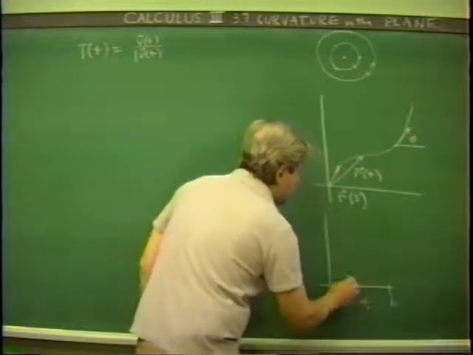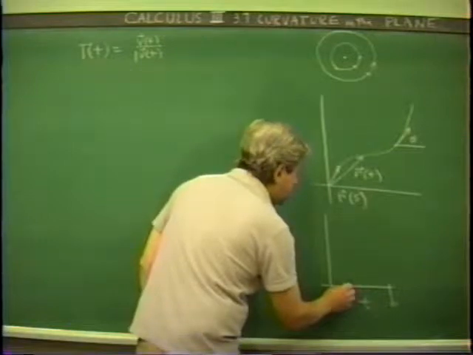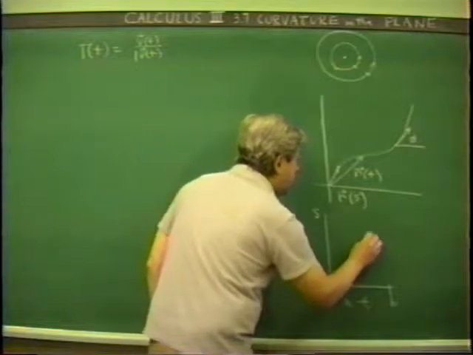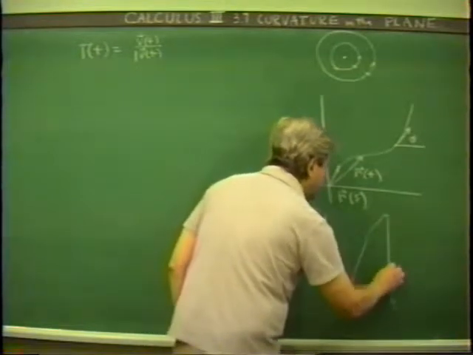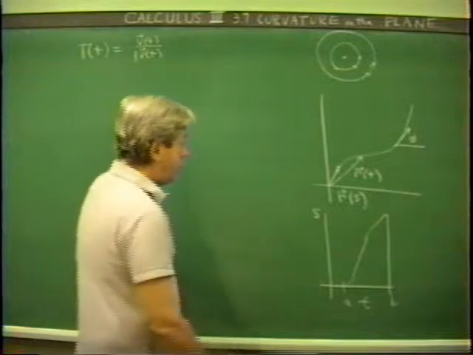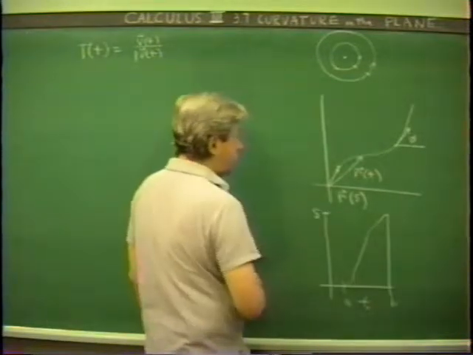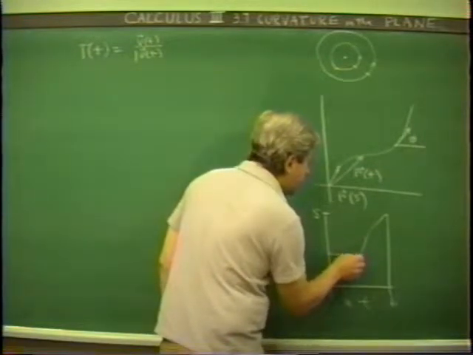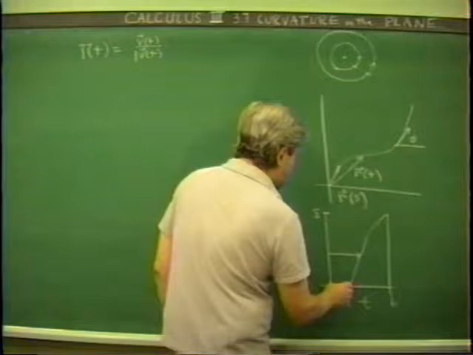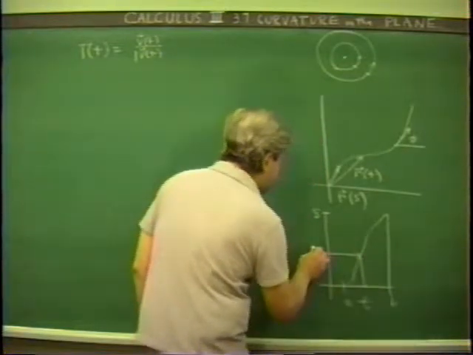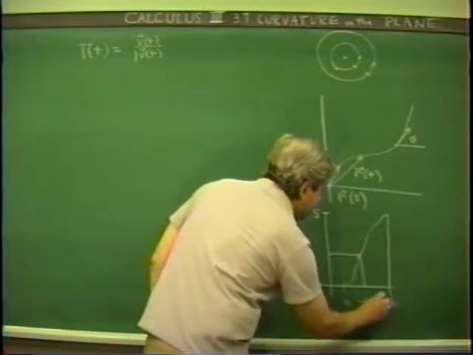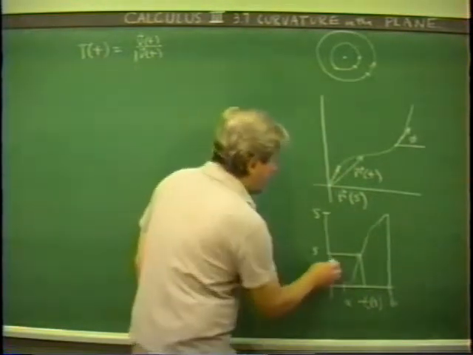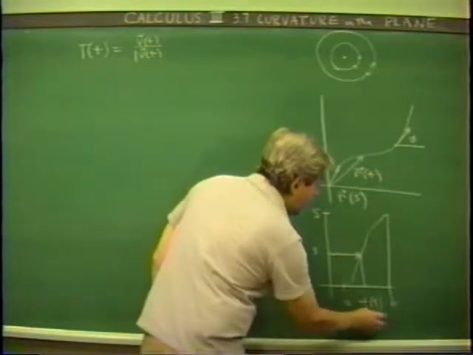If this curve here is described for t between a and b, then the distance traveled, s, starts out at 0 at a and is an increasing function until you get to b. So from 0 to the length of the curve. It's an increasing function, and consequently it's got an inverse, so that if this is s of t, we could then talk about t of s for a given value s here.